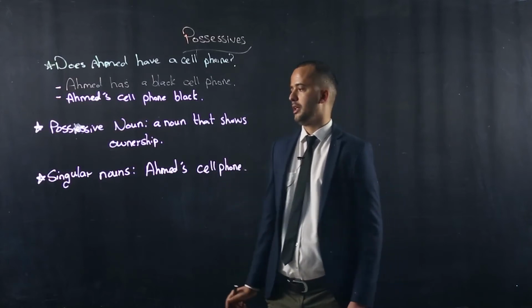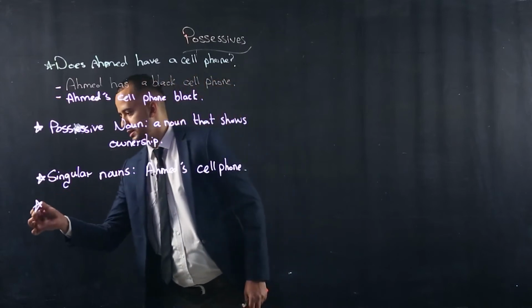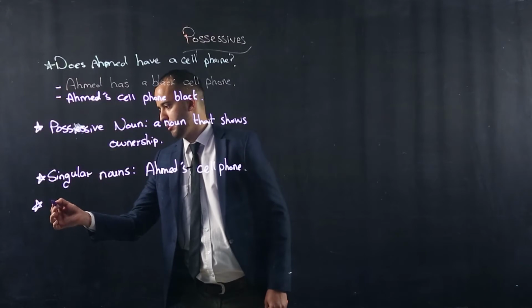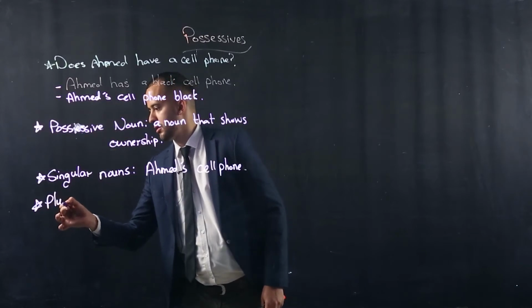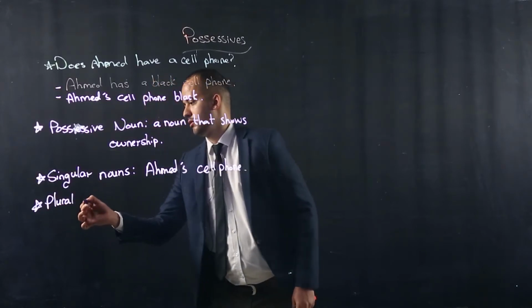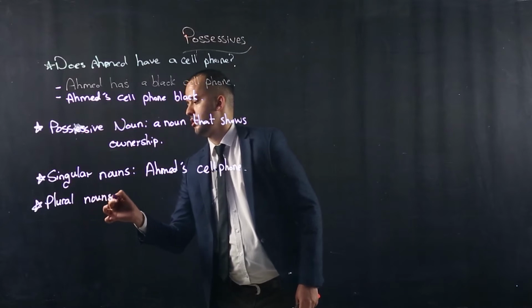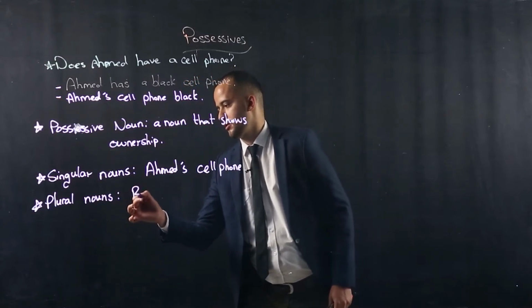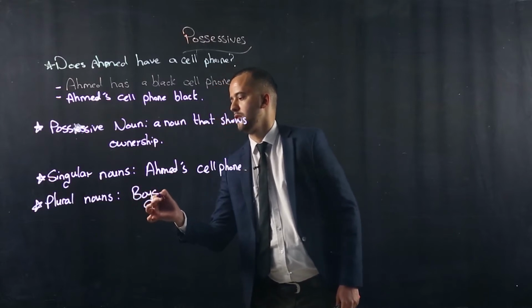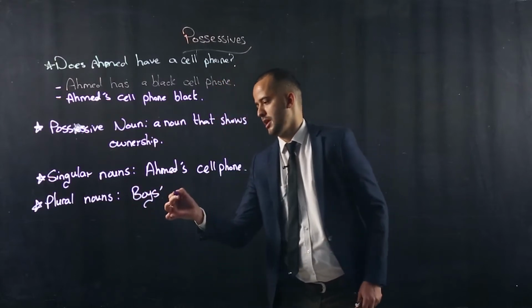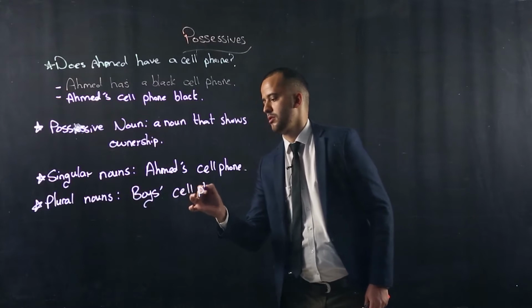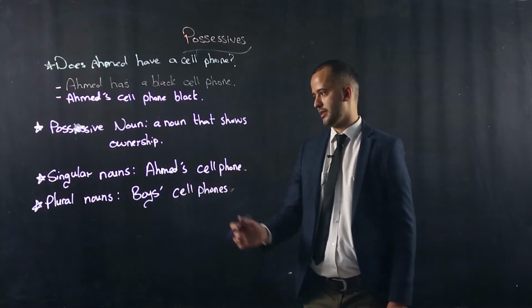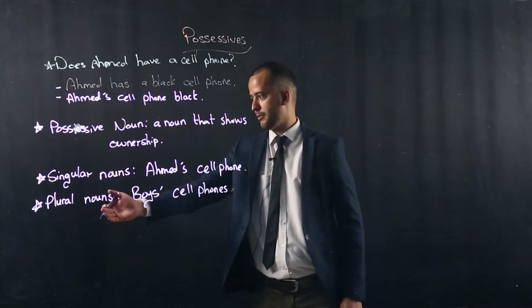Or they can be plural, for many things, many objects, or many people, like when we say boys' cell phones. Okay, now what is the difference between the first one and the second one? What's the difference between the singular noun and the plural noun?